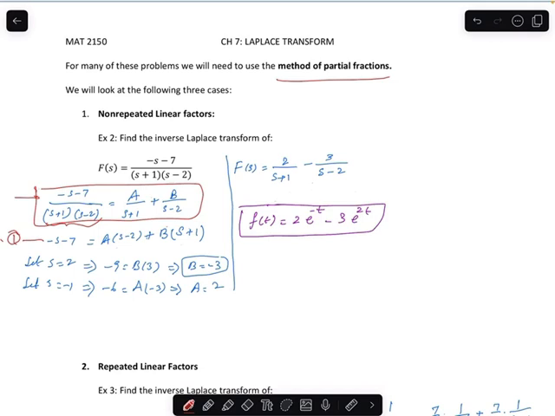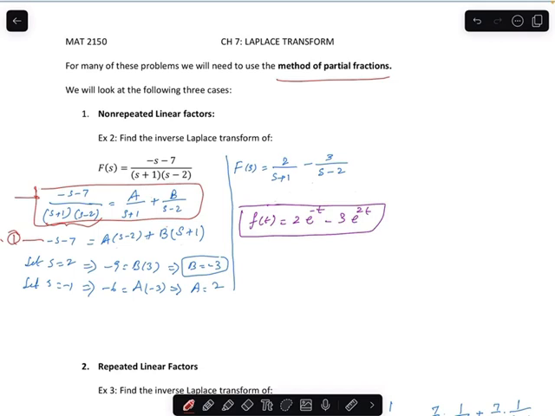But another quick trick is that we pick values for s and plug them in and find A and B. What values we pick depends on how we are looking at the problem. If you pick just any value, then you will again end up with a set of linear equations. But if we pick some specific values, we can simplify our work.